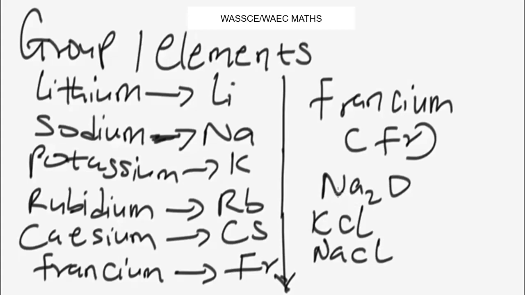Note again that group 1 elements are very reactive because they have 1 electron in the outer shell. Let me show you what I mean. Let's draw the atomic structure of lithium.